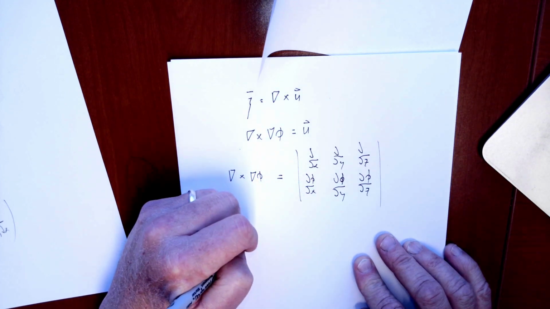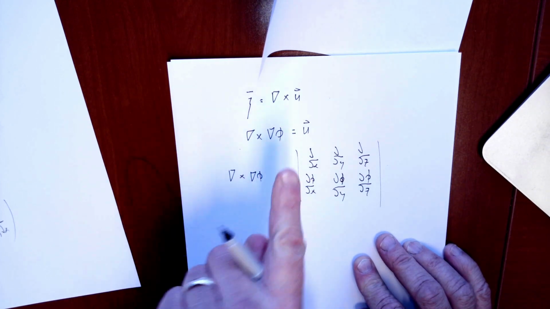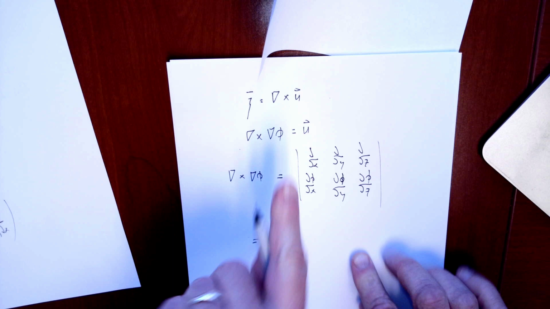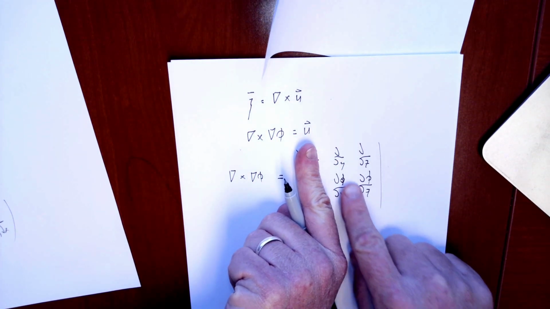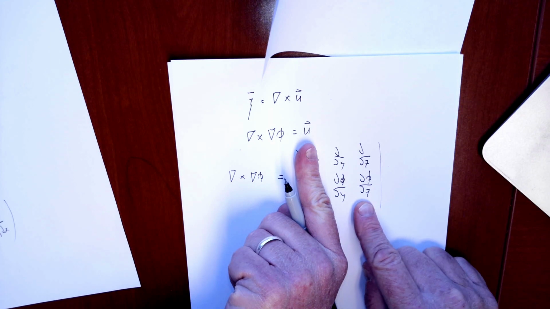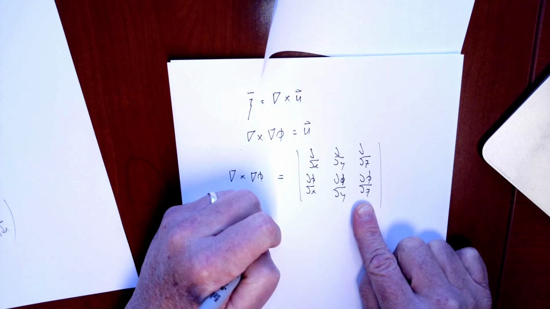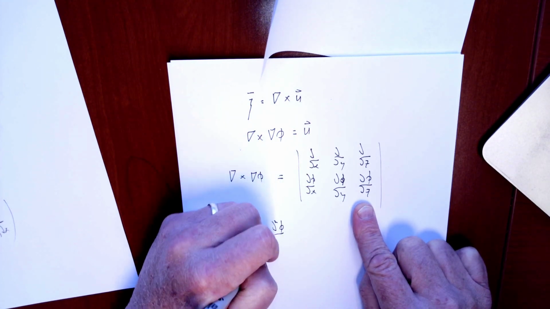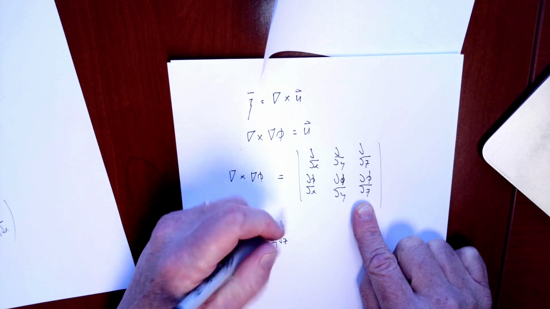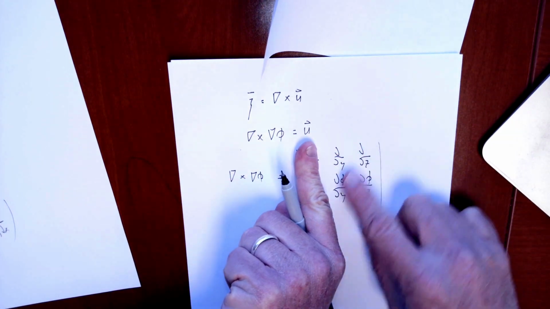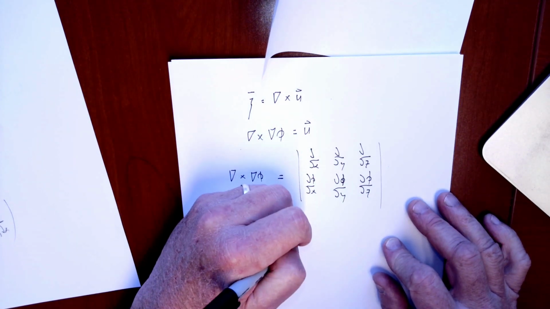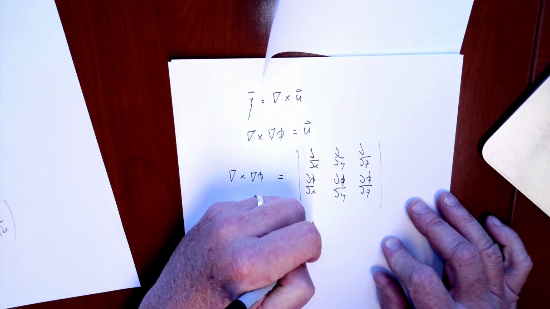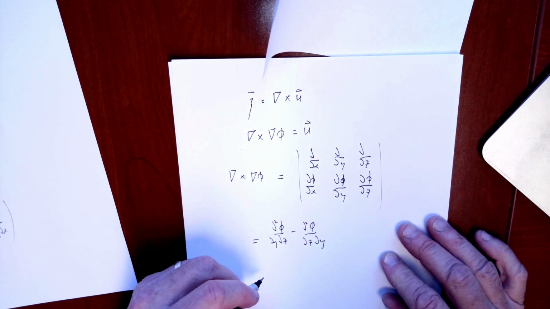Cover that up. I have a second derivative of phi with respect to y and z, so I have d squared phi dy dz, and then minus the second derivative of phi with respect to z and y, d squared phi dz dy. That's my first element.